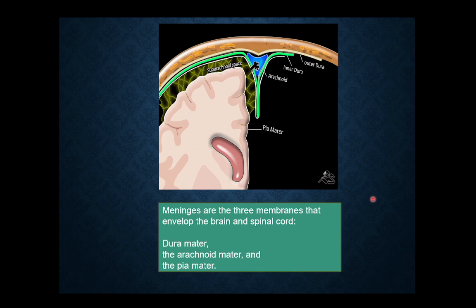We have three meningeal layers: the dura, the arachnoid mater, and the pia mater. The dura has an outer connection with the bone, then there is the inner dura, and from the inner dura to the arachnoid mater, and below the arachnoid is the pia mater.